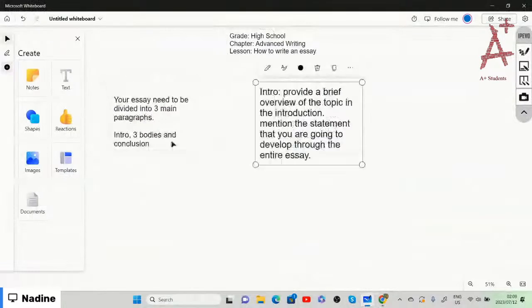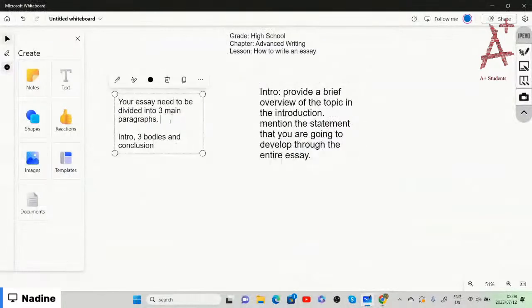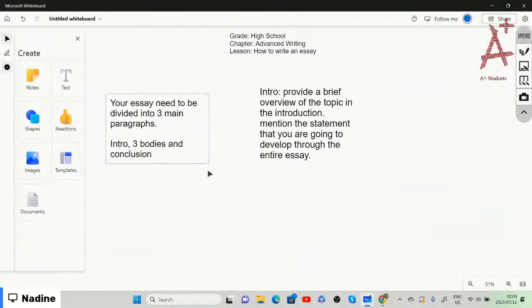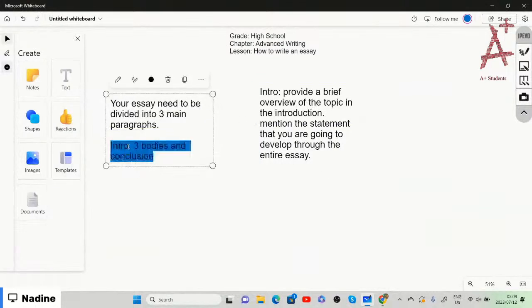And usually when we write an essay, there are three main paragraphs, right? So an essay needs to be divided into three main paragraphs. We have an introduction, which we also call an intro. It has a body and it has a conclusion, right?